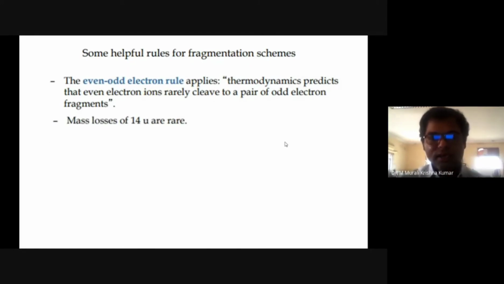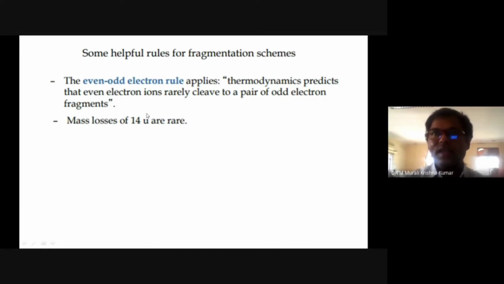Another important point, a helpful rule for you, is the even-odd electron rule. Thermodynamics predicts that even electron ions rarely cleave to a pair of odd electron fragments. So whenever a molecule fragments, you will end up with an even electron ion.